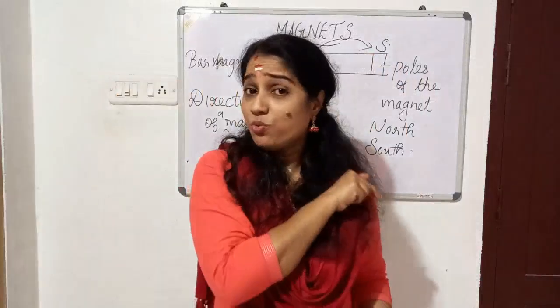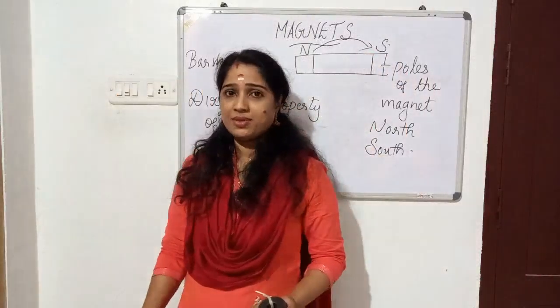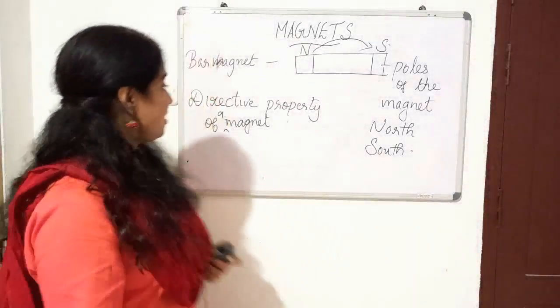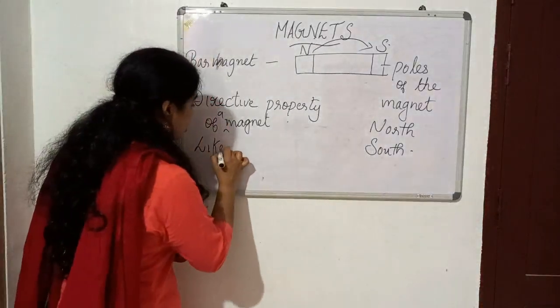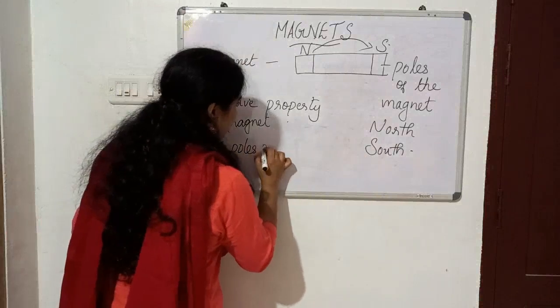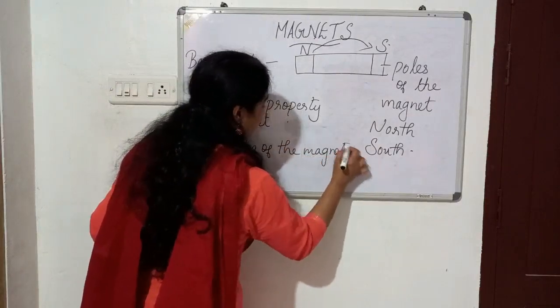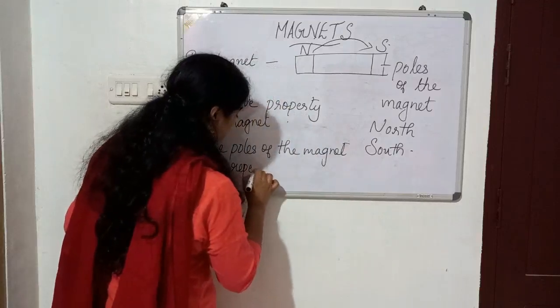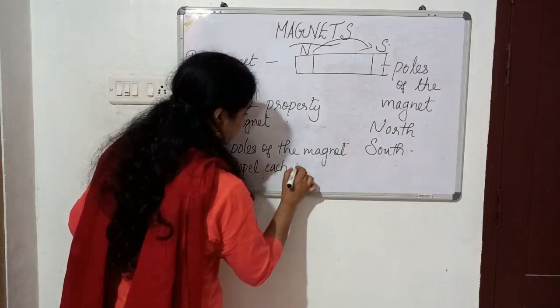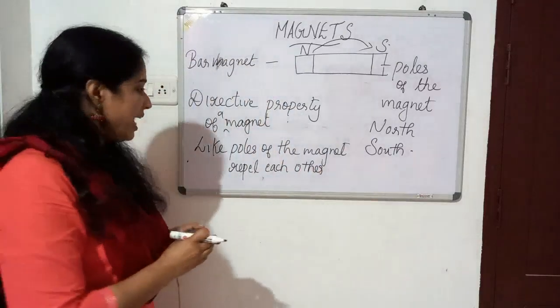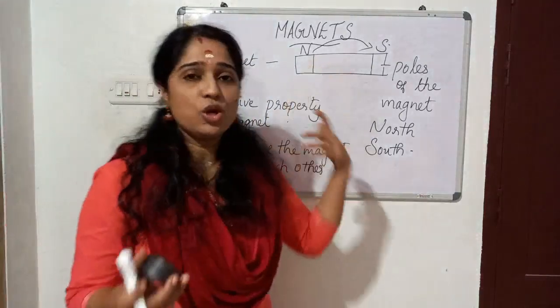From this you understand: like poles of the magnet repel each other. You know what repel means? No attraction, they move apart. Like poles means both North Pole.